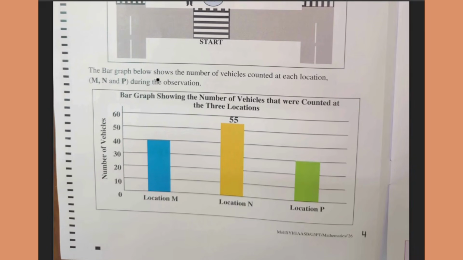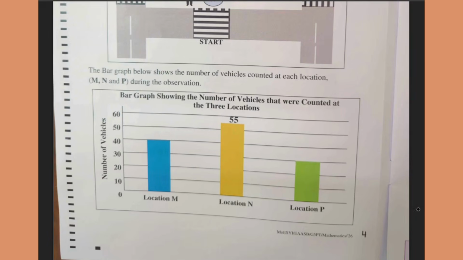The bar graph below shows the number of vehicles counted at each location, M, N, and P, during the observation. So here we're seeing the number of vehicles. The number goes up the bar graph, and then we see the different locations. And the title of the bar graph is Bar Graph Showing the Number of Vehicles That Were Counted at the Three Locations.